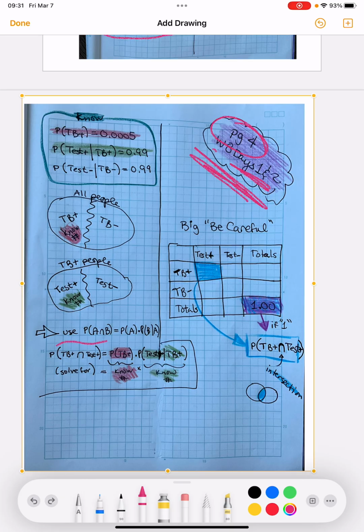So the probability of the intersection equals the probability of you having tuberculosis times the probability your test is positive given that you have tuberculosis. And again, nicely, you know 2 of those numbers. I've color-coded it there so you can solve for that guy. So there's your second hint for that.